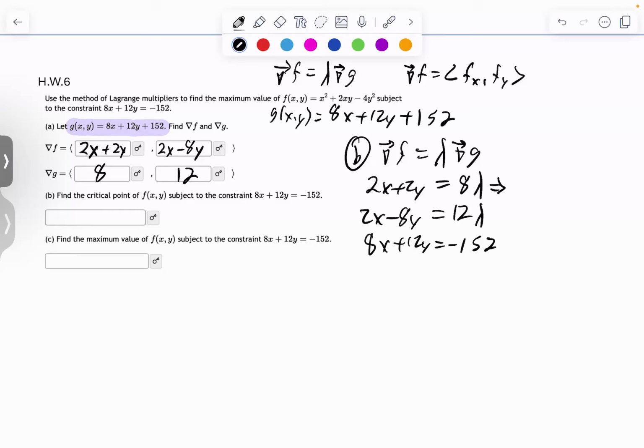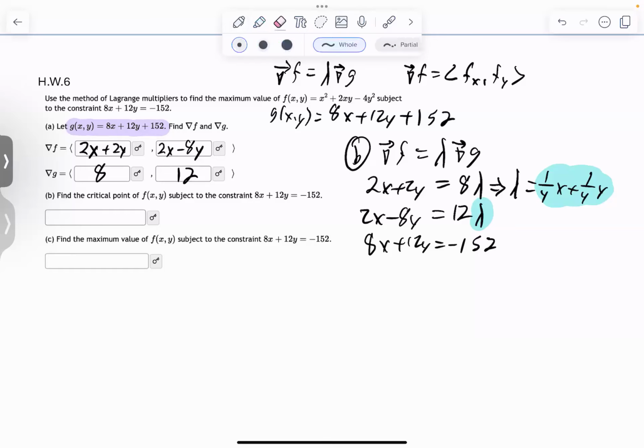This top one, I'm going to divide through by 8, which gives me that lambda is 1/4 x plus 1/4 y. And I'm now going to plug all of that into there.